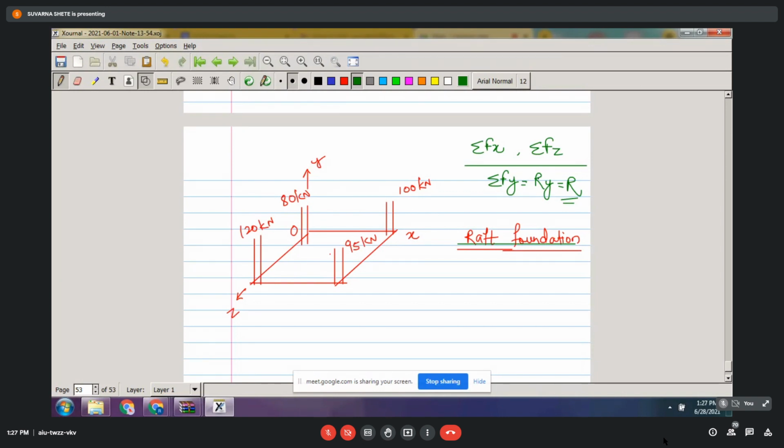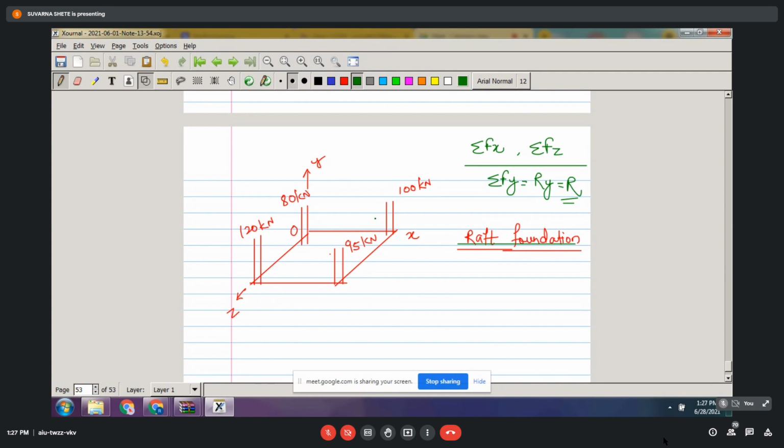So just like our coplanar parallel force system, here also in the case of a space parallel force system, all the forces are along one direction, or you can say they are parallel to one single direction.